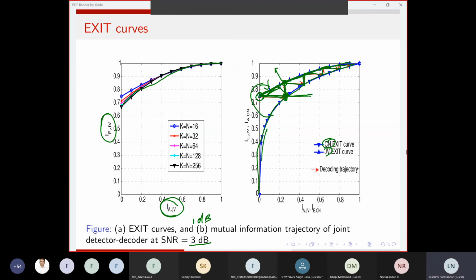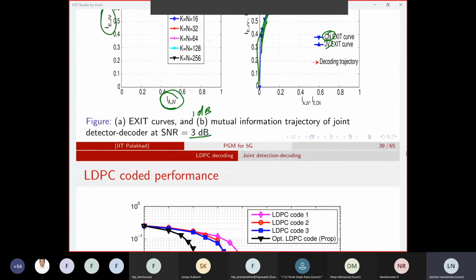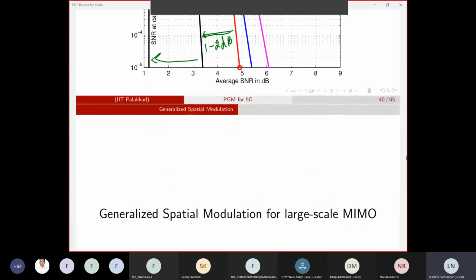By learning what this curve is, we could construct an LDPC code, so this becomes an LDPC code construction problem. The interesting aspect here is that by learning how these graphical models perform, we can also construct very good error correcting codes. So this helps us not only in estimation and inference, but also in code design. That's what I want to highlight here.